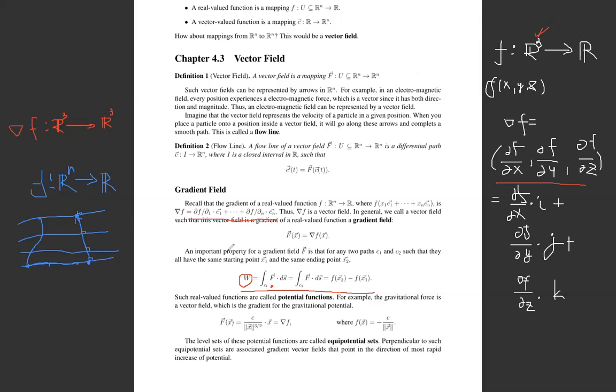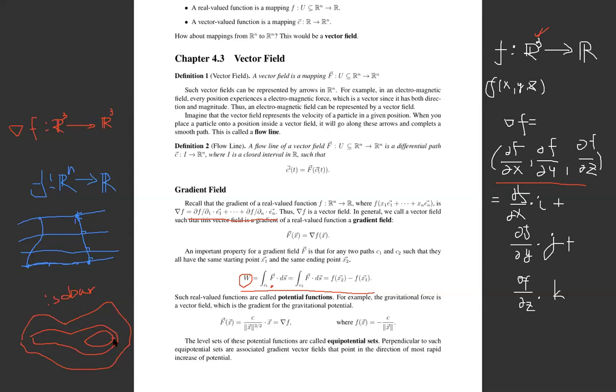Of course, there are many kinds of gradient fields. In terms of weather, for example, there is the isobar, meaning the locations with the same air pressure.